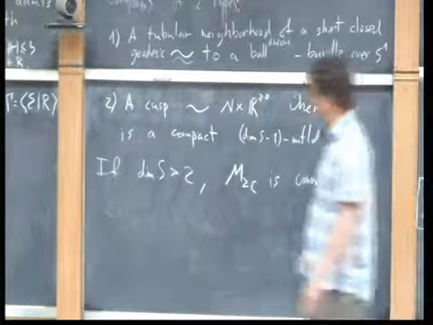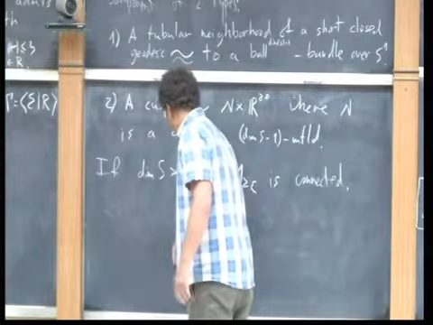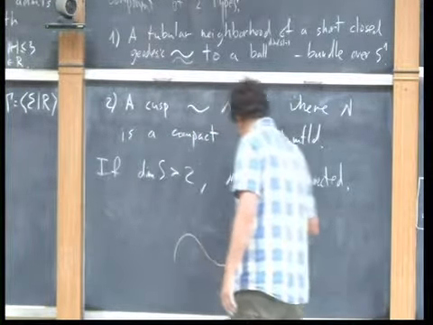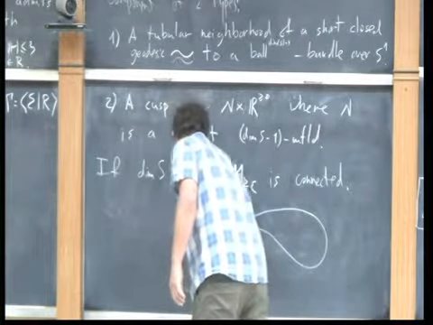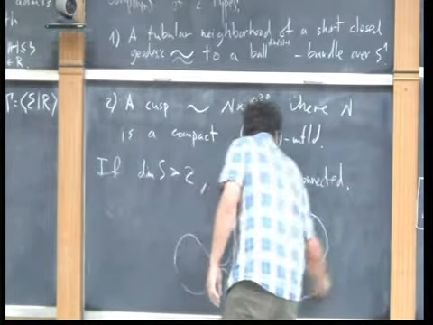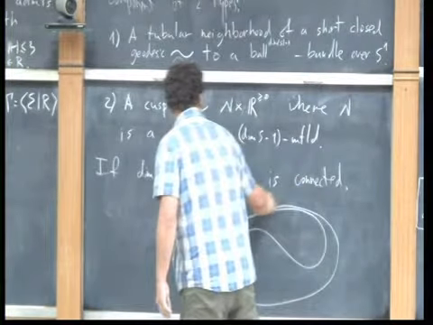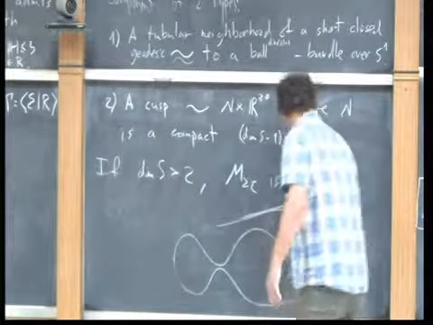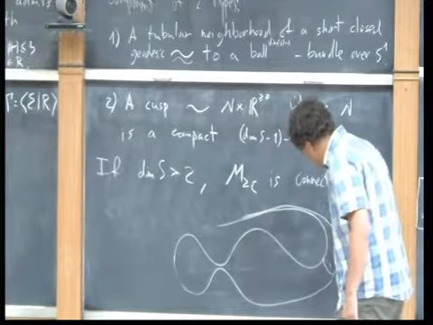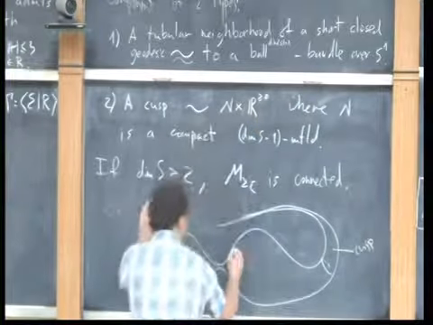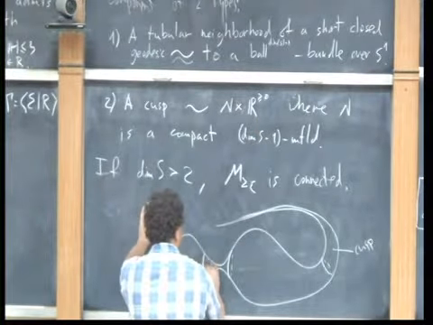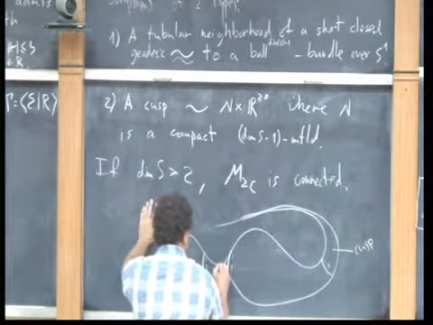Okay, so the picture again is the following. Yes, this will be a cusp, and this will be a tube. Tubular neighborhood of this.